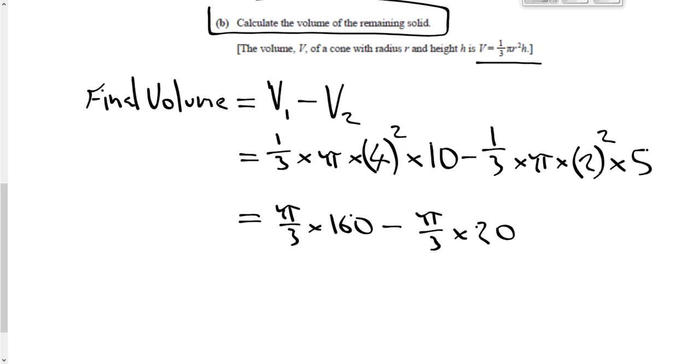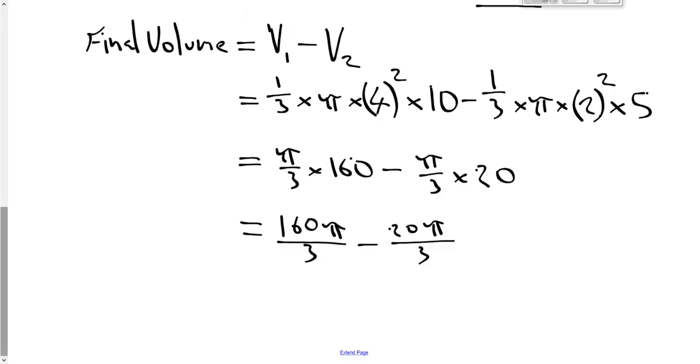So that will be 160 pi over 3 minus 20 pi over 3, which is equal to 140 pi over 3.